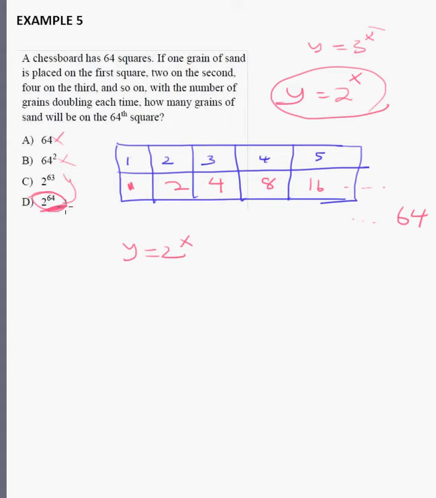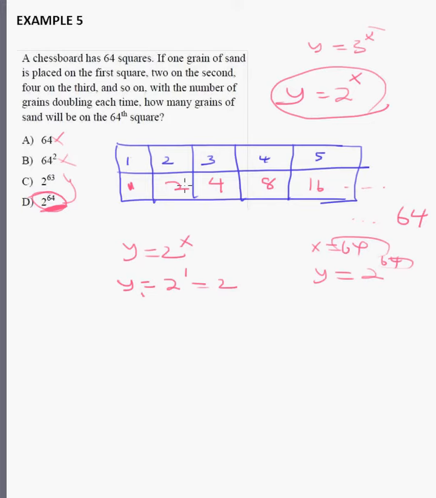If you take this answer here, that means when x is equal to 64 and you do y is equal to 2 to the power 64, every single x value will take its corresponding value. But it appears not to be true, because as we plug in x is equal to 1 here, y1 is supposed to be equal to 2 to the power 1, which is equal to 2, but it turns out it's equal to 1.